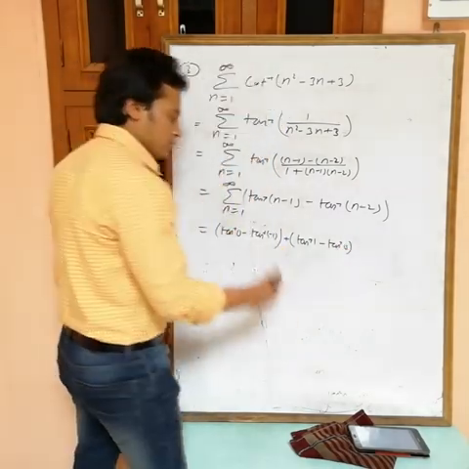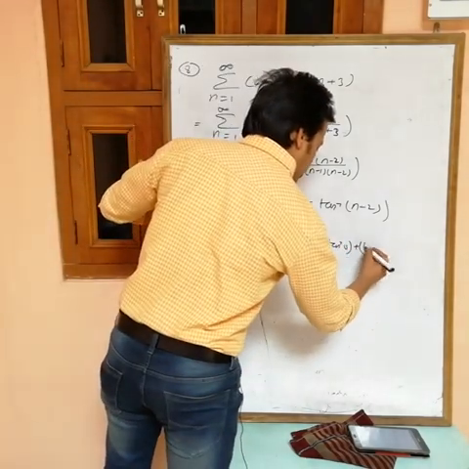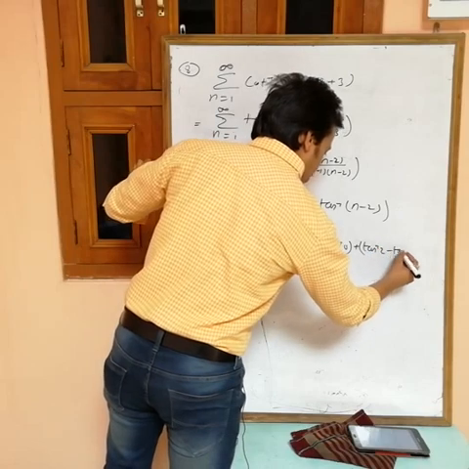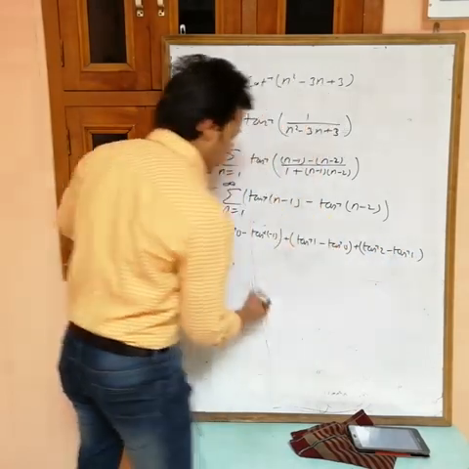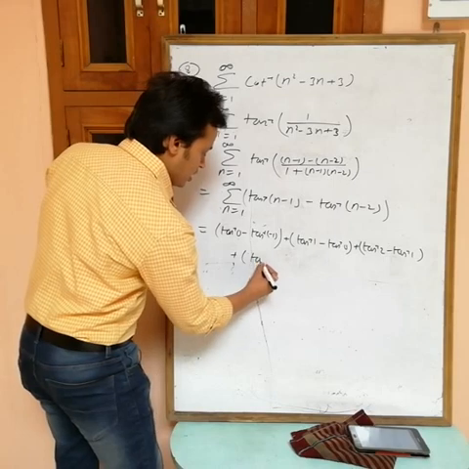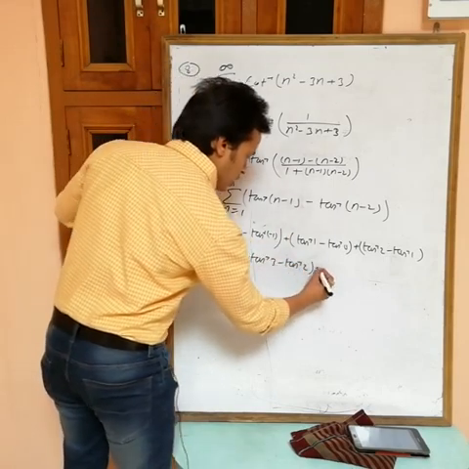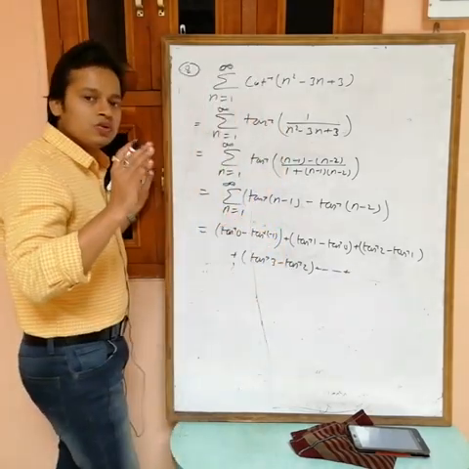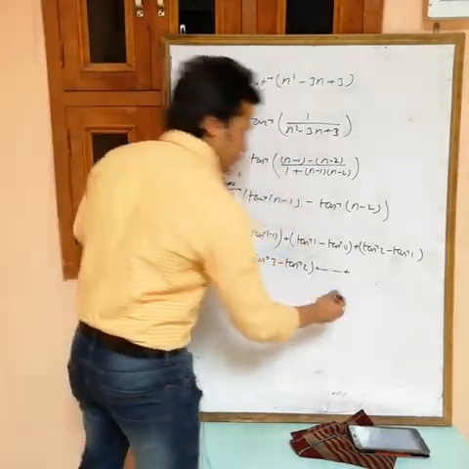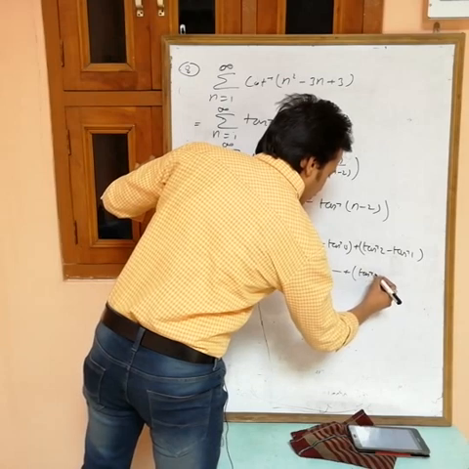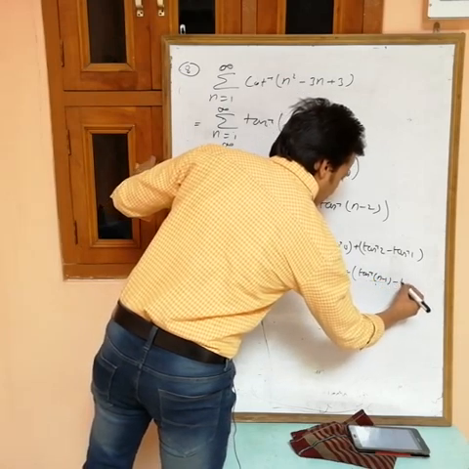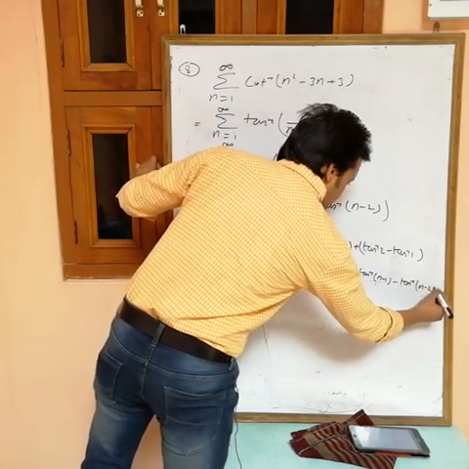Now put n equals to 3. Tan inverse 2 minus tan inverse 1. Now put n equals to 4, tan inverse 3 minus tan inverse 2. At the end, put n equals to n. As it is, you will get tan inverse n minus 1 minus tan inverse n minus 2.